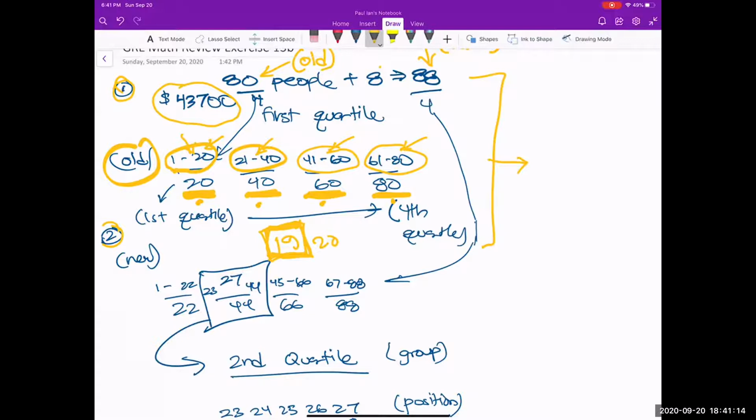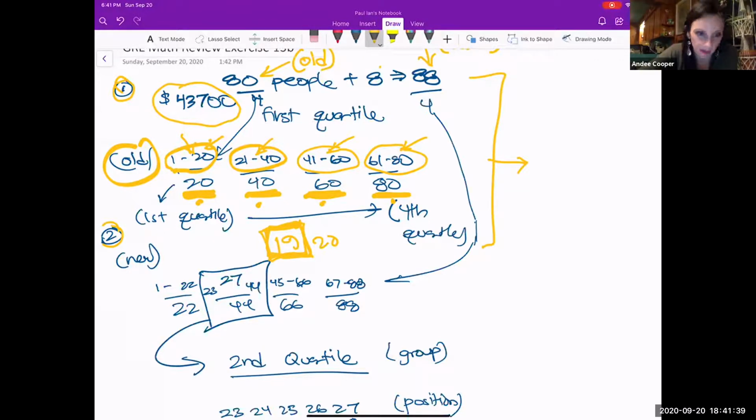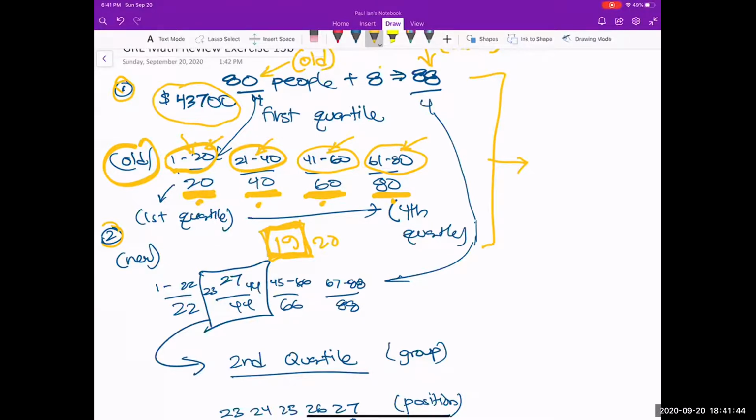If the company were to hire 8 new that are less than the lowest of the 80 salaries. Less than the lowest, so that part means they're going to be salaries 1 through 8, right?